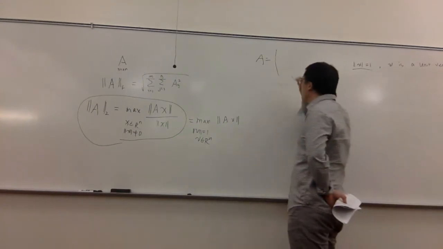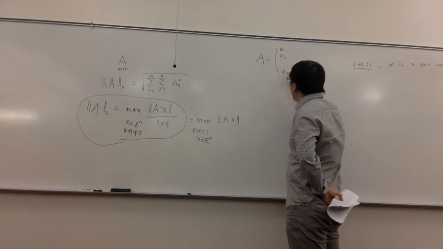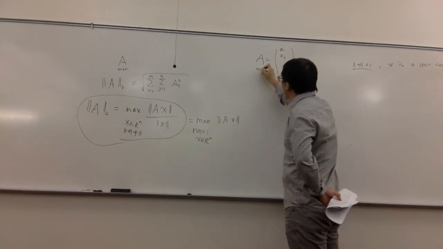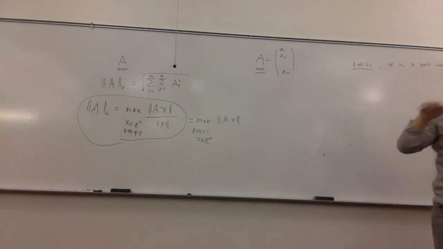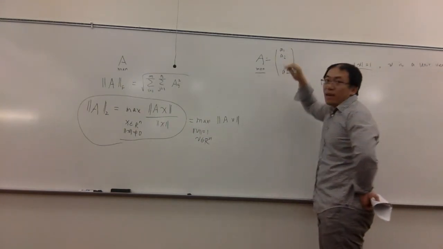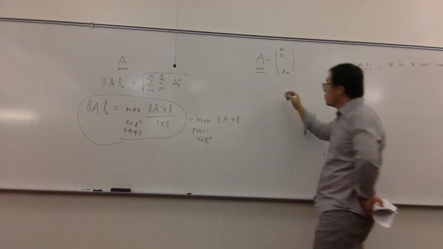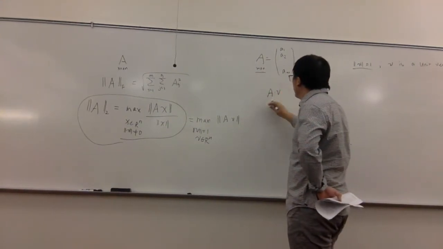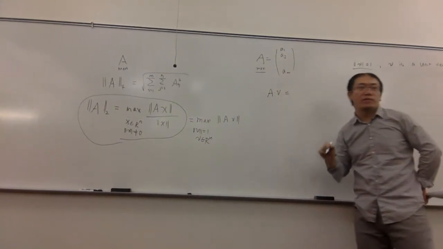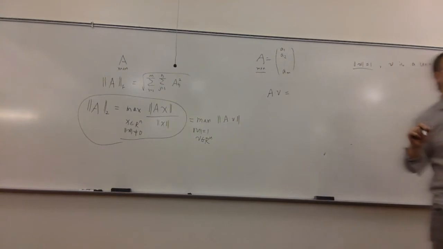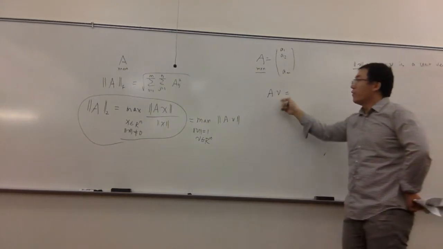We can define a set of row vectors as A1, A2 to Am, because A is an m by n matrix, so it has m rows. Each Ai corresponds to the ith row. And now when we compute the product between A and v, what's the result? How can we compute each element of this product?